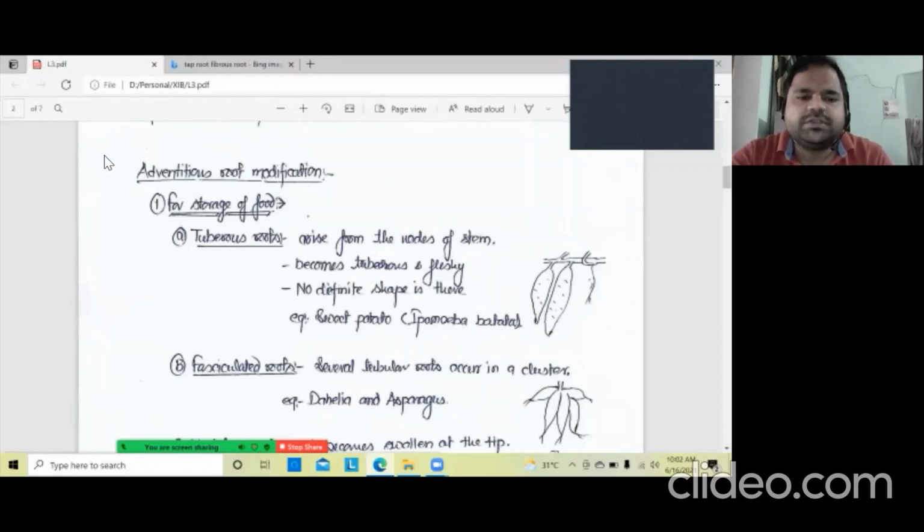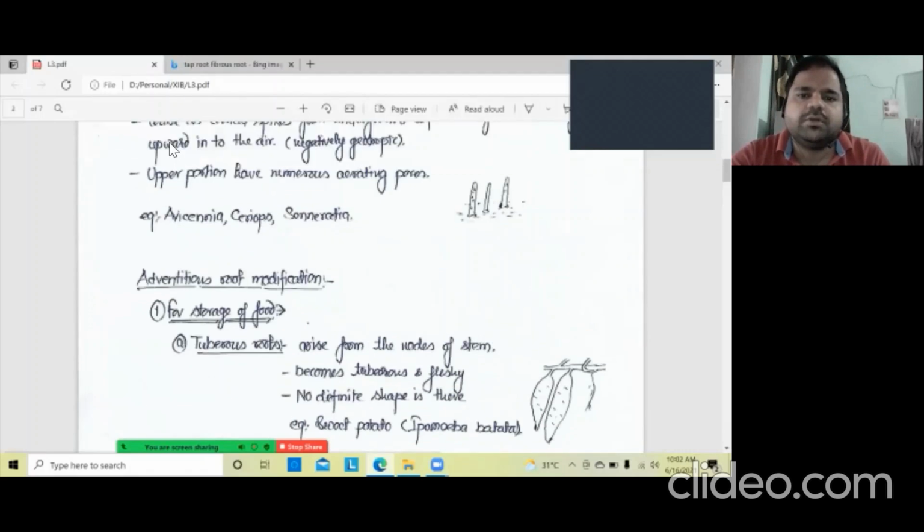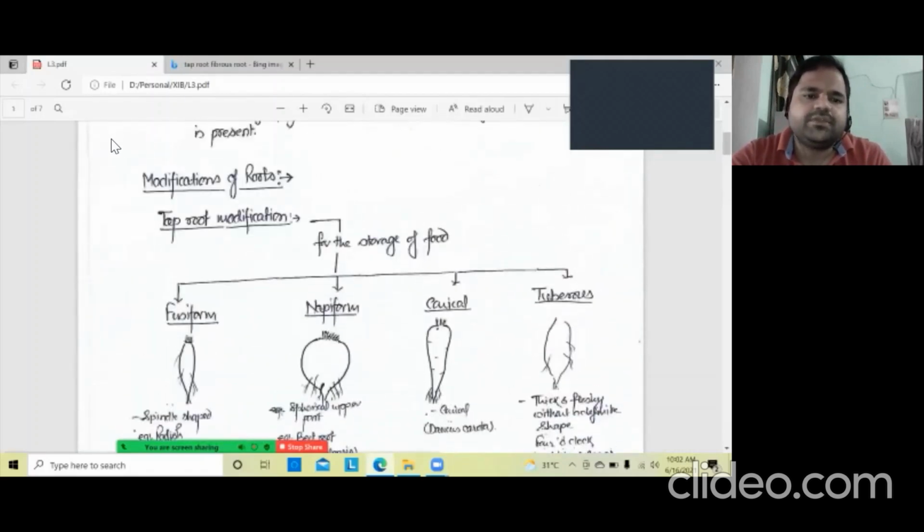The first type of modification in case of adventitious root for the storage of food is the tuberous root. We can see here, these arise from the nodes of the stem and become tuberous and fleshy. This tuberous structure is similar to the tuberous root present in case of taproot also.